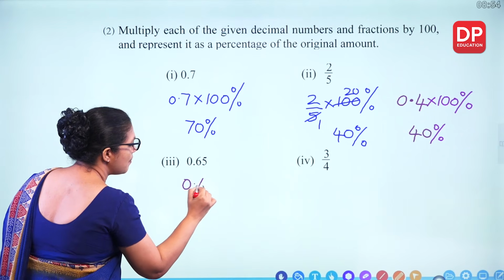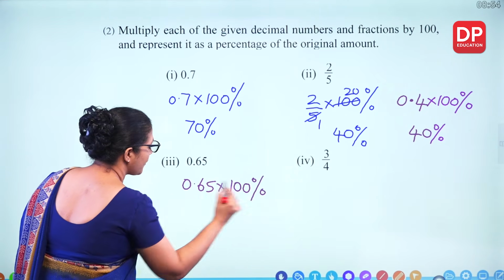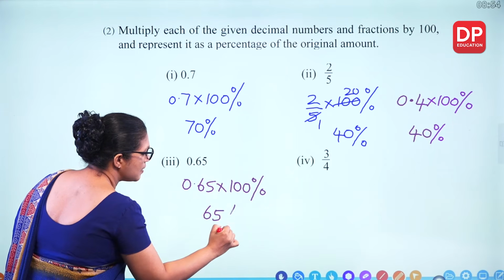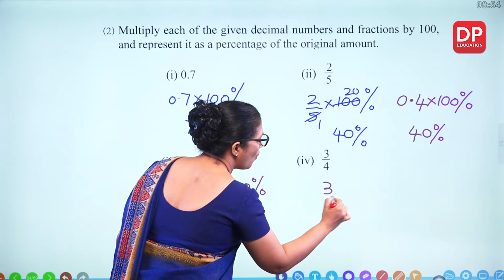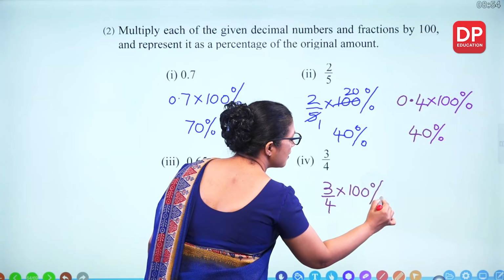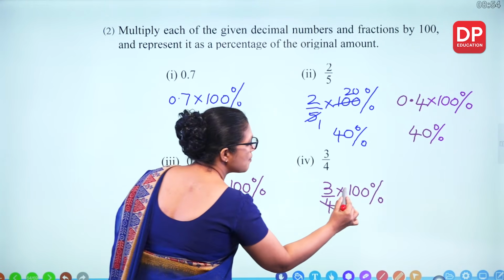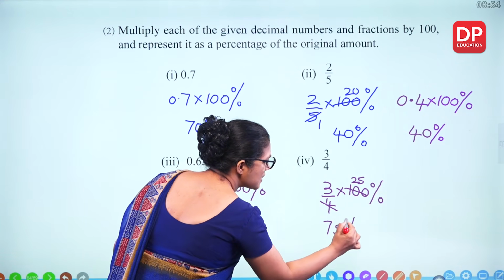0.65 multiply by 100%, you get 65%. And 3 over 4 multiply by 100%, you get 4 times 25, 25 times 3, 75%.